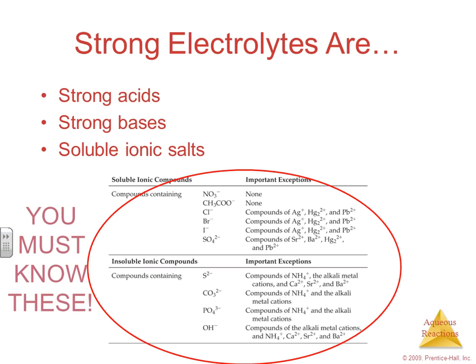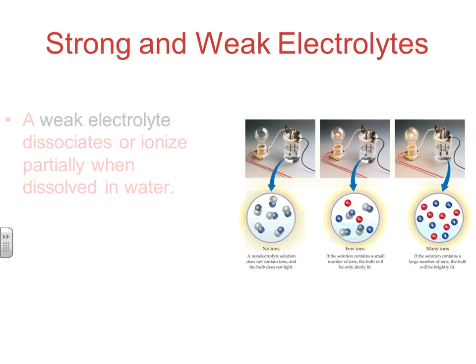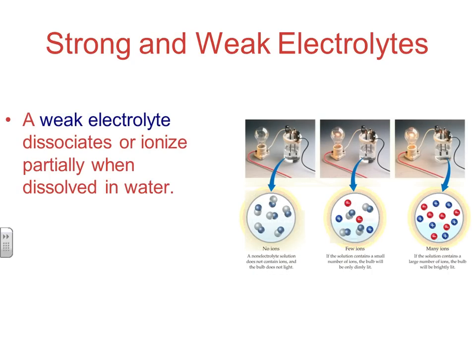So what you're looking at here are the different things that will form strong electrolytes whenever they are with other cations. So these are things you must know, and that's why you got to memorize your solubility rules. So one of the reasons for the AP chemistry you have to memorize solubility rules is for chapter 4. It's going to come up again in 3 or 4 other chapters in AP chemistry alone, let alone the AP chemistry test.